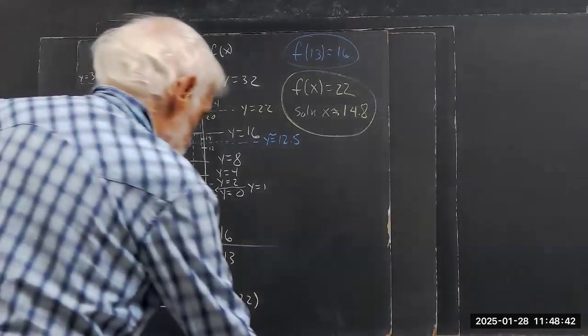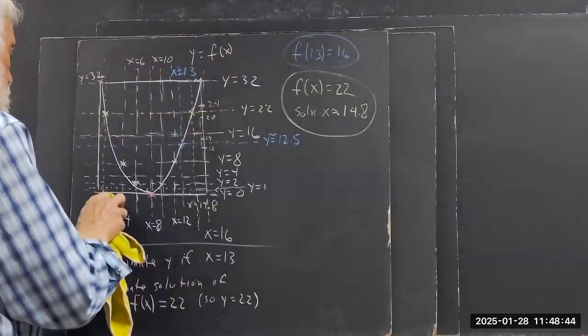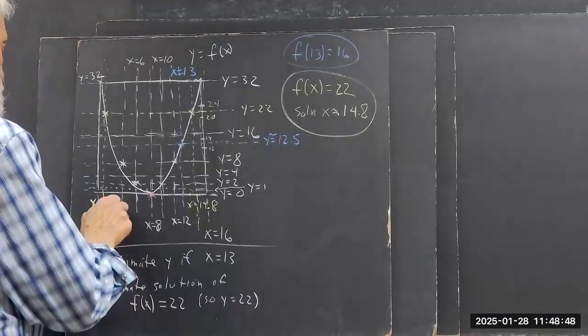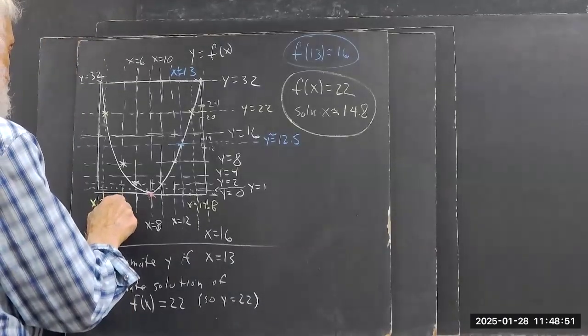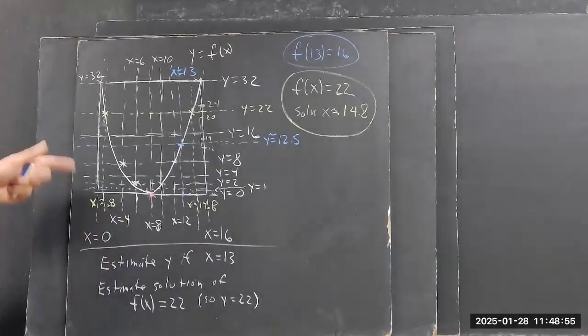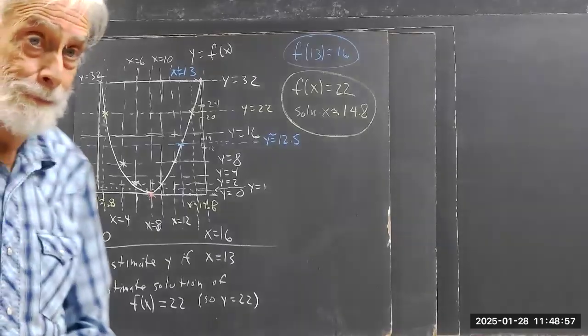I'm even going to say it's a little less than 1. It looks to me like it's about 0.8. Actually, I think it's more like 0.9. But I'm going to use 0.8.